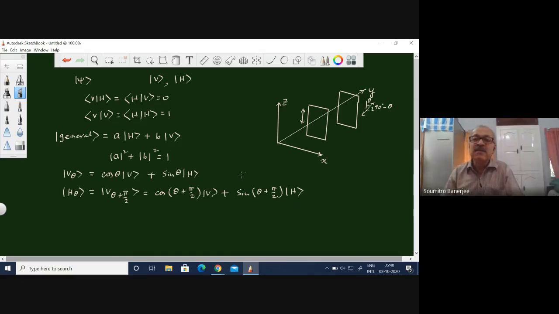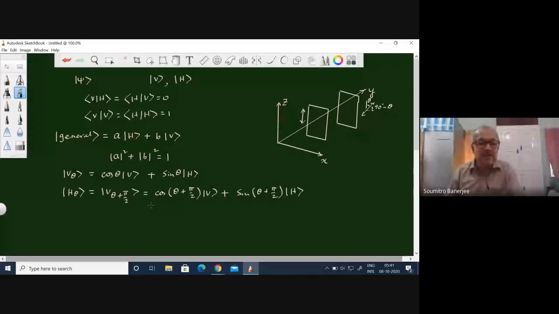But in this case, it is propagating in the y direction, and in that direction, if we measure the spin, we can have two possible values of spin, plus h cross and minus h cross. So if it is vertically polarized, its magnitude is plus h cross, and if it is horizontally polarized, the magnitude is minus h cross, and so on. Any spin orientation can be analyzed this way.